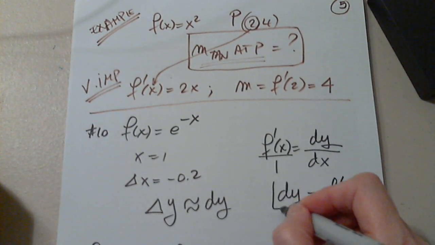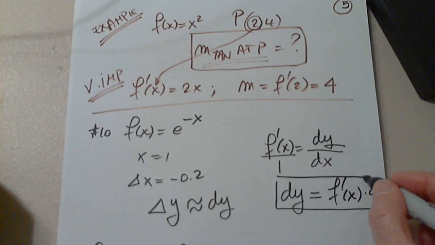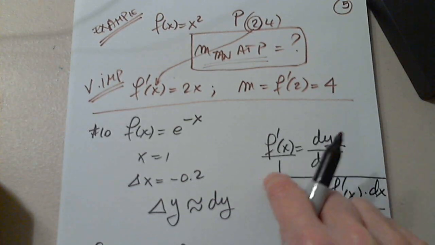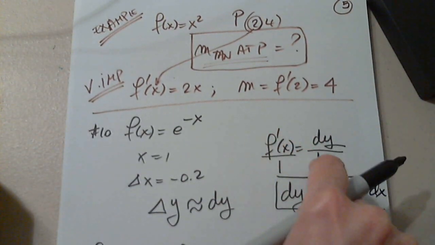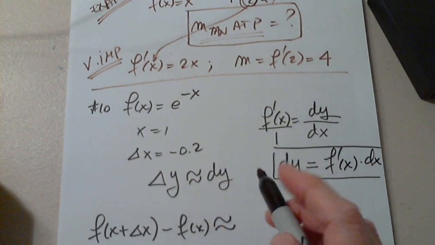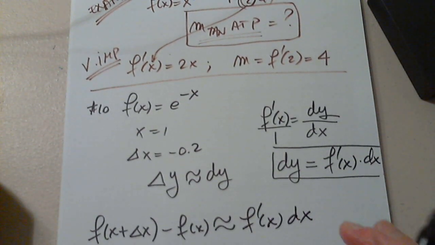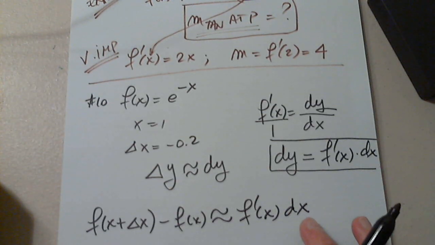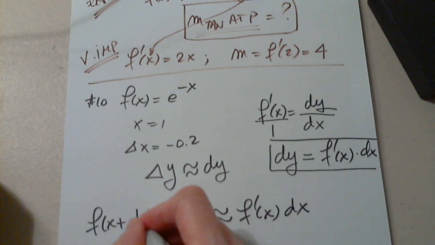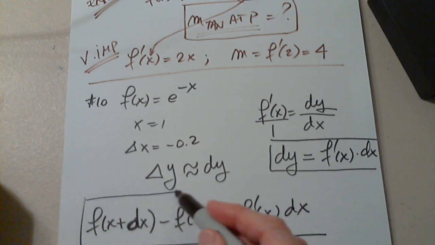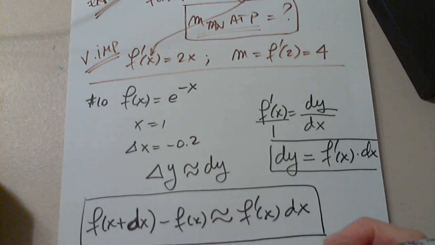That's it. So this is the formula for the differential of y. dy times 1 equals f prime times dx. I'm going to copy it here. So f prime of x dx. Because I have dx here, I'm going to be consistent and replace this by dx. So please remember this. This is very important. We're going to use it in the next few minutes.